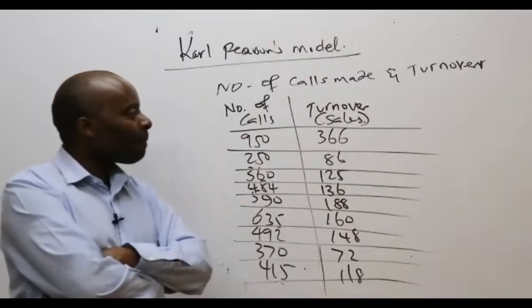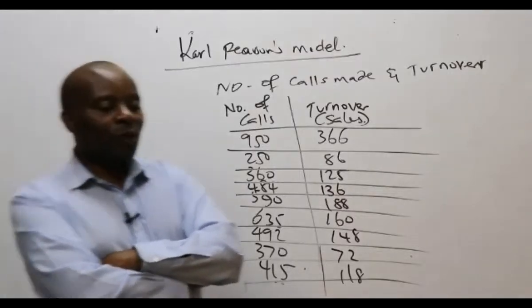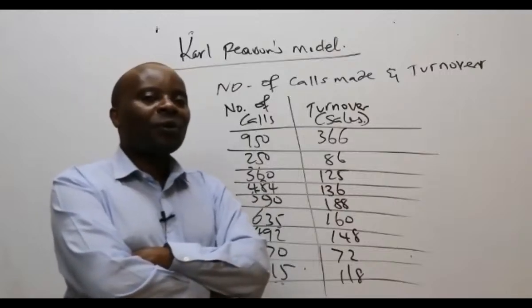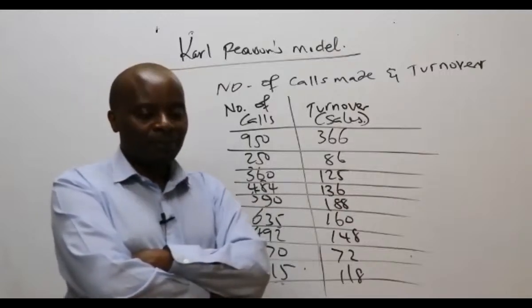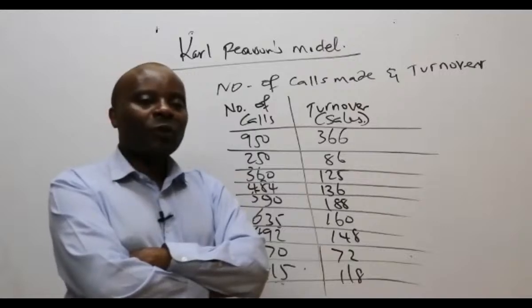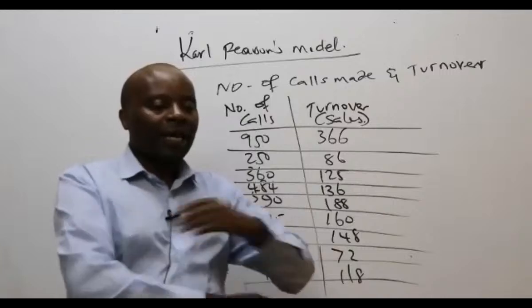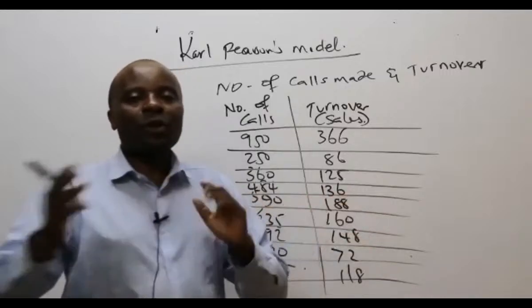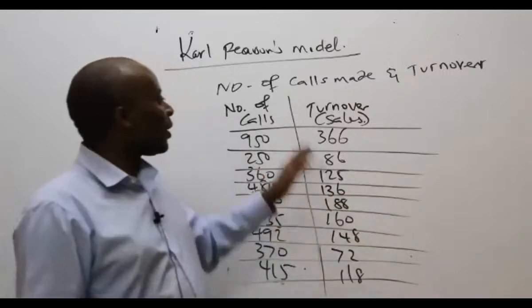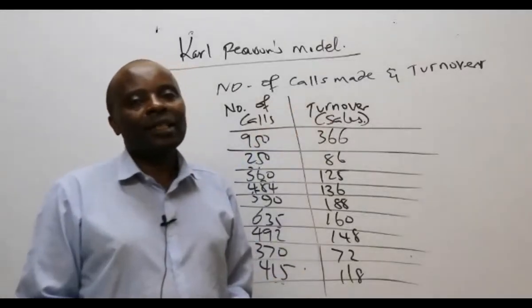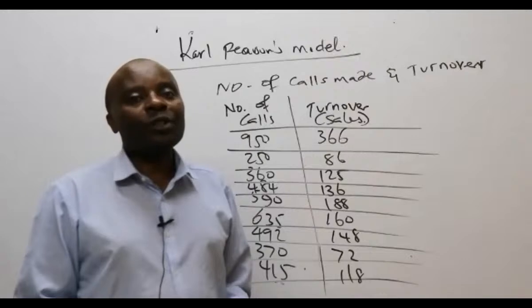So, ladies and gentlemen, if you ask those students why they are giving, for example, number of calls to be X, most of them will not be having an answer. Most of them will tell you that it is because number of calls happens to be the first column, and as per the chronological order, alphabetical order, the first one should be X, the second one should be Y. There is nothing that can be further from the truth than that.